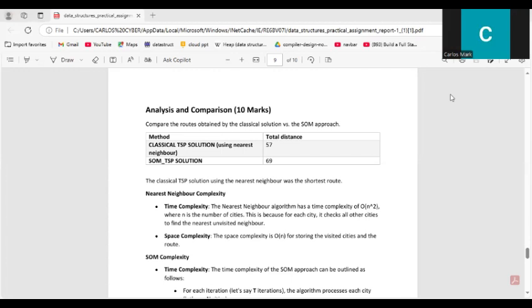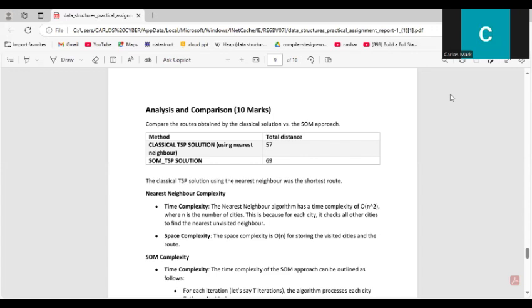So I'm going to take you through the analysis and comparison of the classical solution, for which we use the nearest neighbor, which is a greedy approach. Then the other one was the self-organizing map approach, like my colleagues have taken you through earlier.